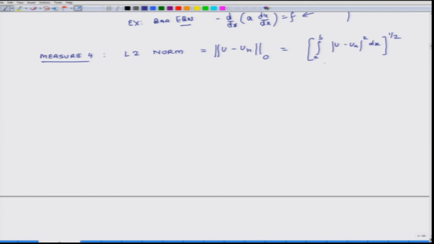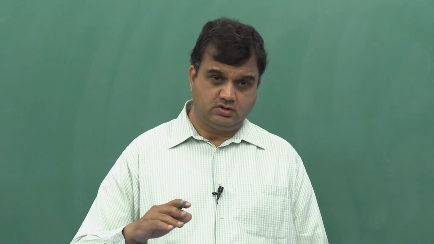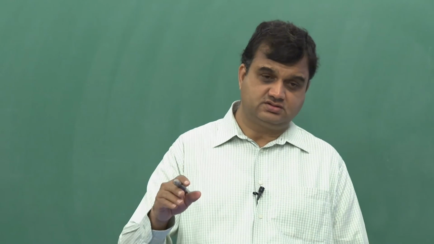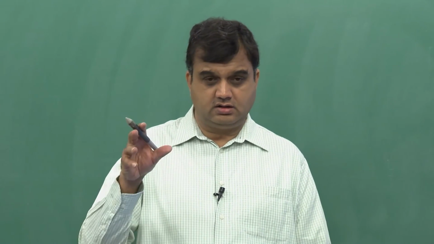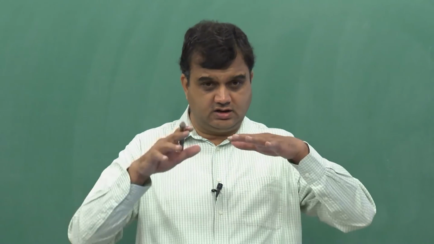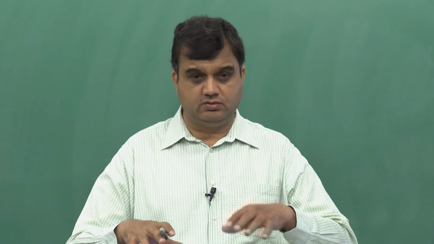Now, this L2 norm, if you look at it, represents the difference in areas, right. So, what is u times dx? The area under the curve u. If you integrate u with respect to x, then the integral will represent the area under the curve for u.